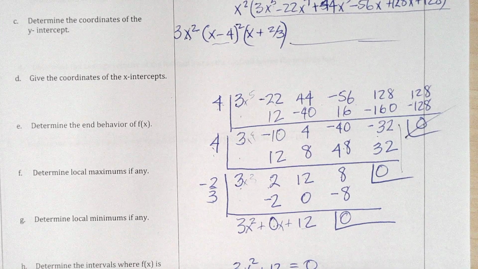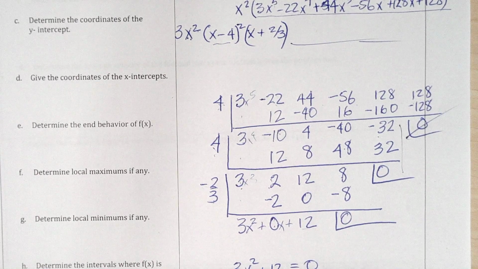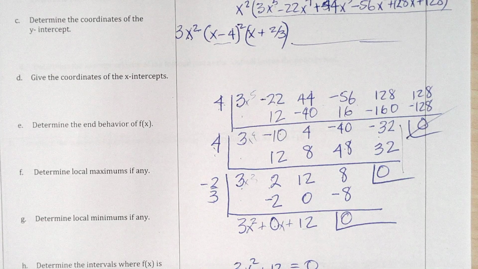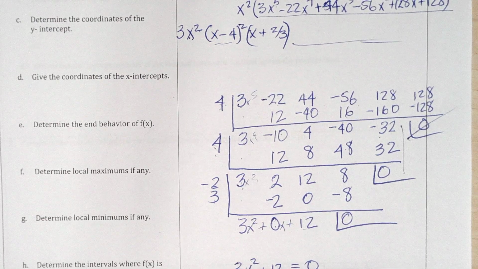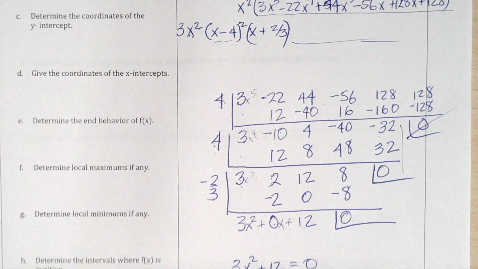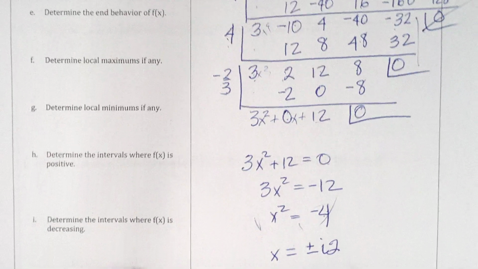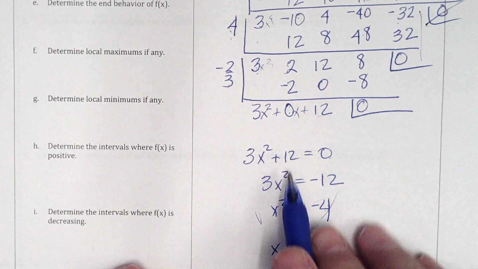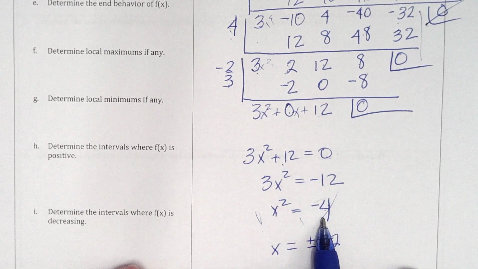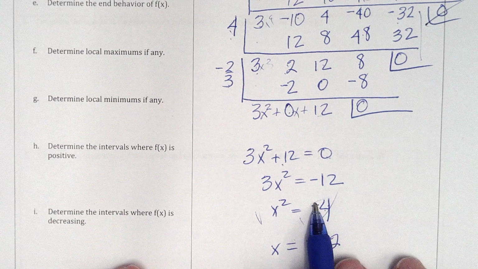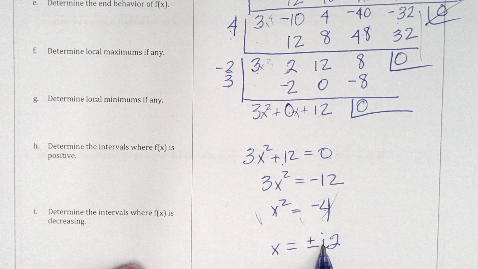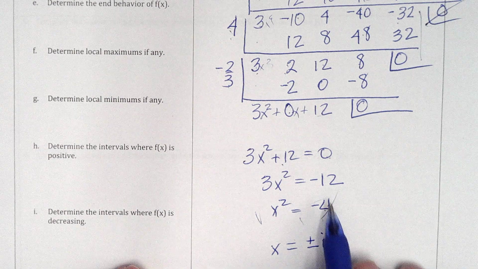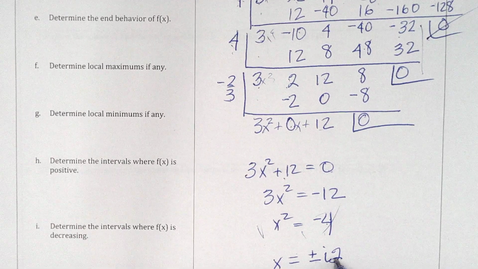Take the square root, and I get x equals plus or minus, see, the square root of negative is i, the square root of 4 is 2. So my other two zeros, oops, sorry, I went off the page there. Subtract 12, divide by 3, square root, the square root of negative is i, and when I do square root, it's plus or minus. Square root of 4 is 2. So my other two zeros are 2i and negative 2i.